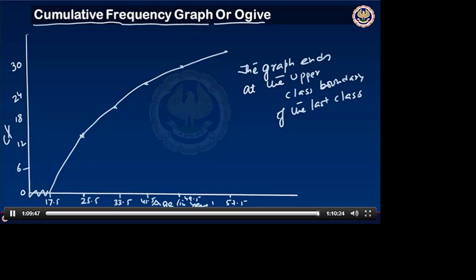Remember, we have displayed the cumulative frequency of each class at its upper class boundary. At its upper class boundary. So these are the upper class boundaries.